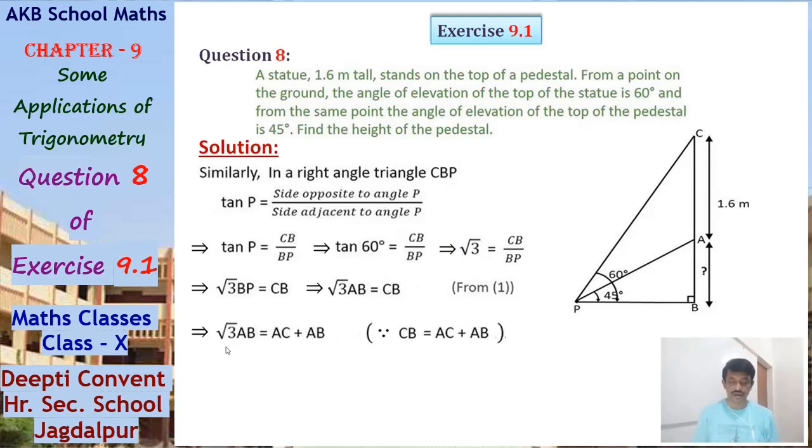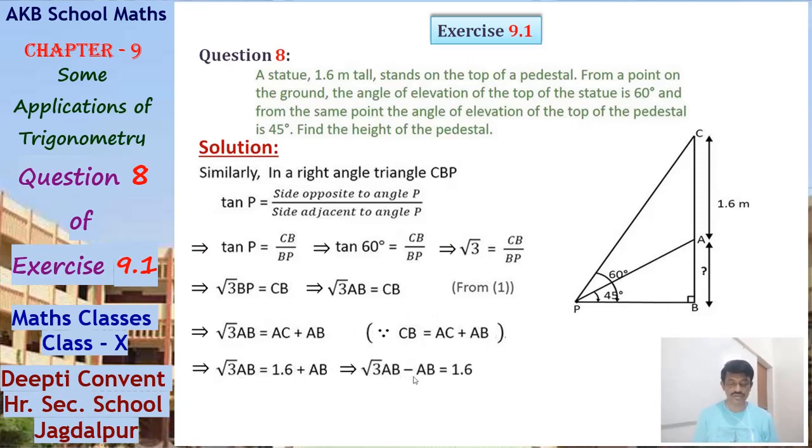And CB can be written as CA plus AB. So in place of CB we write AC plus AB.